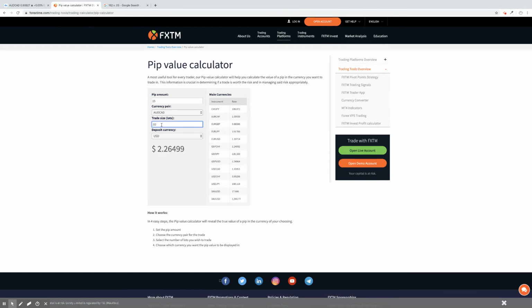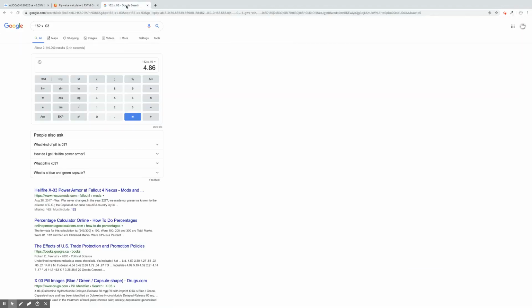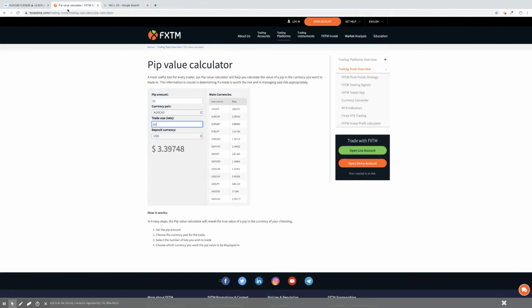With a 0.01 lot size, it's only $1. The 0.02, it's only $2.20. 3, okay. And remember, we have $162 in our account. So we can risk up to $4.86.